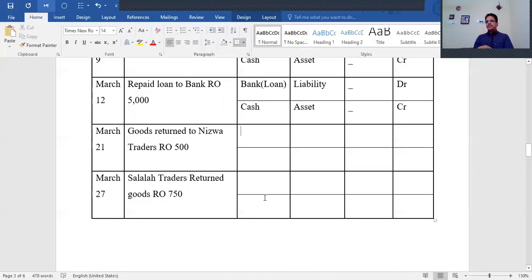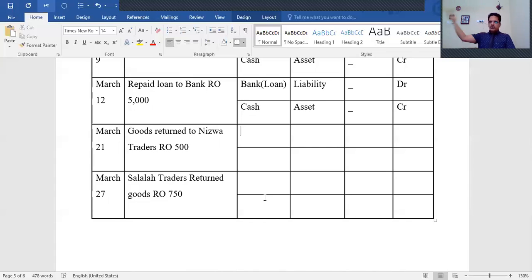Sometimes the goods may be different, or a parcel you sent had different goods delivered. That also may be the case. For any reason you may return some goods. For example, you bought 5,000 riyals worth of goods, and 500 or 250 riyals worth of goods are not according to your order, so you can return that.